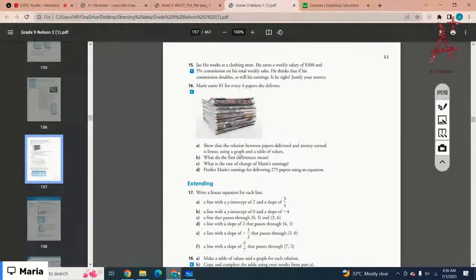Okay, let's just look at question number 17. Write a linear equation for each line. A line with a y-intercept of 2 and a slope of 3 over 4.